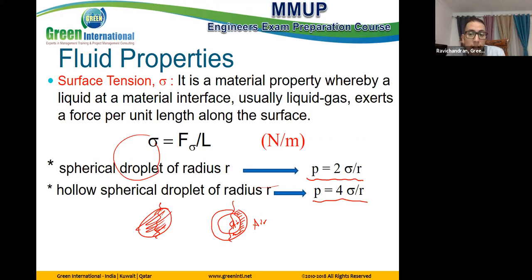Why double? Because the hollow sphere has two surface tensions, external and internal, but the droplet has only one. So the first one is 2 sigma over r, the second is 4 sigma over r.